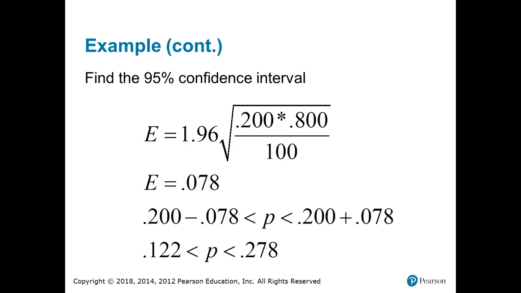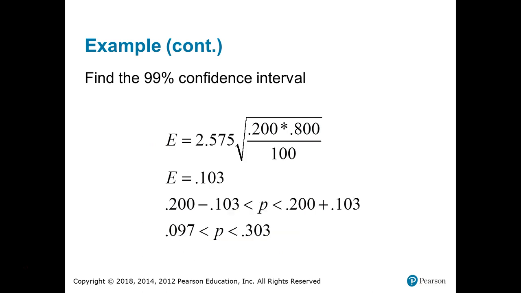Do the same thing for 95%. Now this part is going to be the same, the square root of 0.2 times 0.8 divided by 100. What's really going to change is the critical z value. When we do it for 0.95, z is 1.96. Follow the formula, and we are 95% confident that the population parameter falls between 0.122 and 0.278.